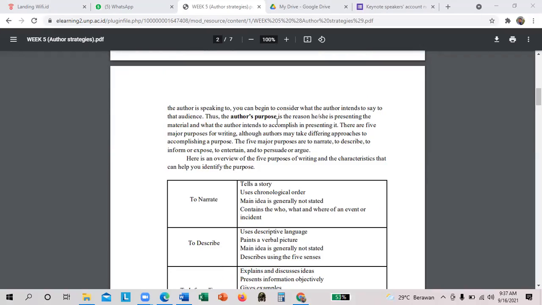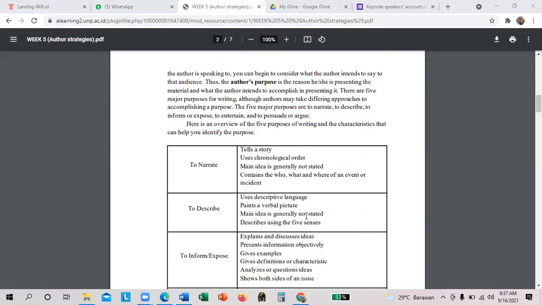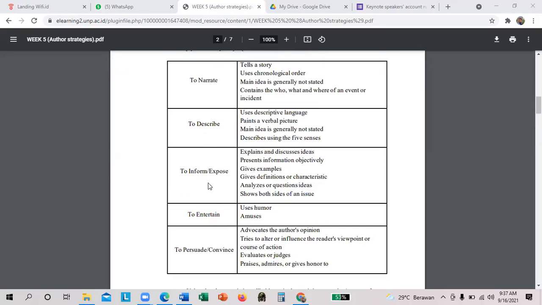So there are five major author purposes. The first is to narrate, to describe, to inform, to entertain, and to persuade. Let's see this table: 1, 2, 3, 4, 5. To narrate, to describe, to inform, to entertain, and to persuade.